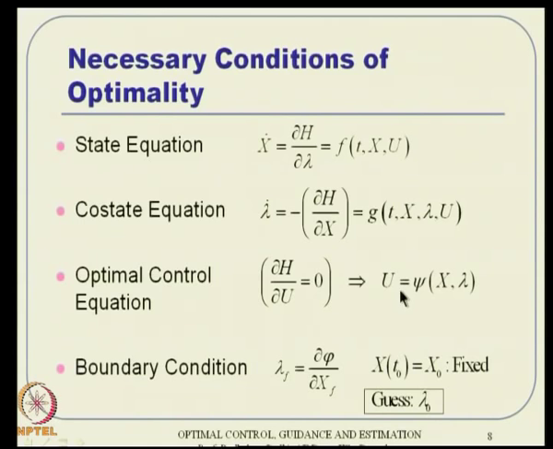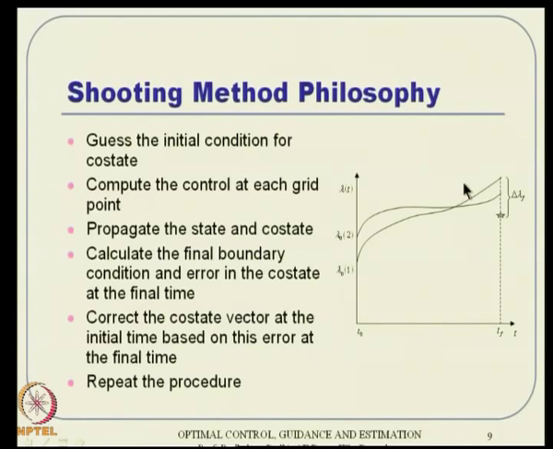And once you have u 1 you can calculate x 2, and so on. So, compute the control at each grid point, propagate the state and co-state equations, and calculate the final boundary condition and the error in the co-state at the final time. Then correct the co-state vector at the initial time based on this error at the final time, and repeat the procedure.